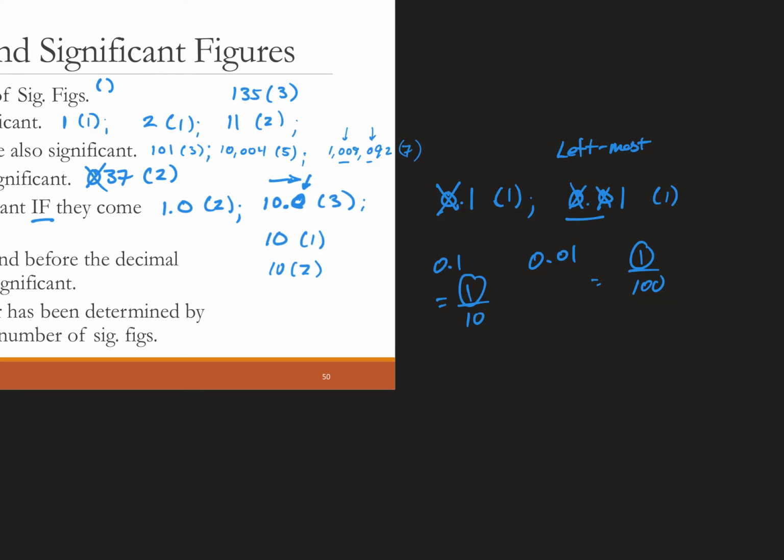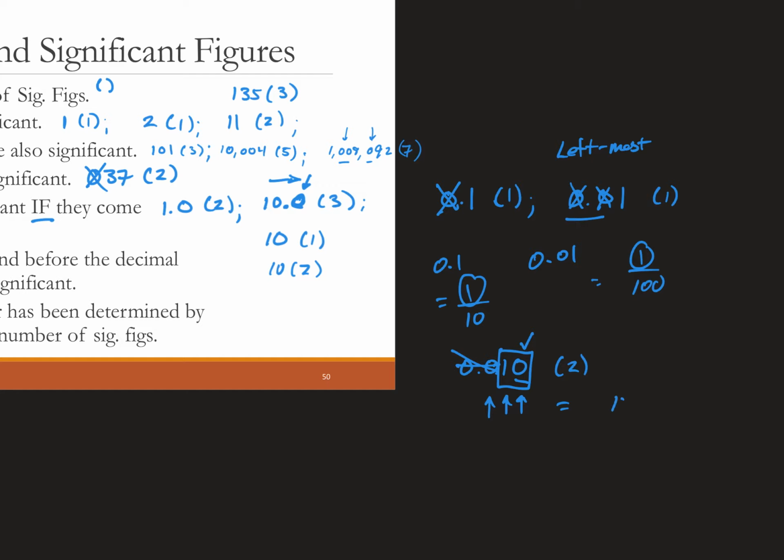Now, if we say it's 0.010, this 0 is now significant because I bothered to write it in. All right, these are not because they're leftmost, but this is going to have two significant figures, those two there. Now, this is like saying the tens place, the hundredths place, the thousandths place.